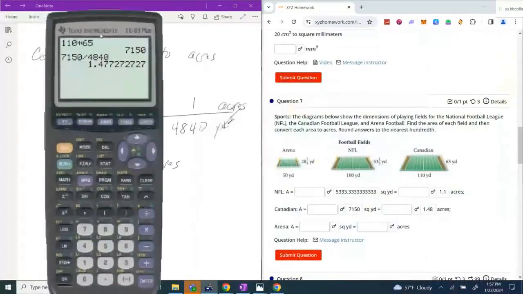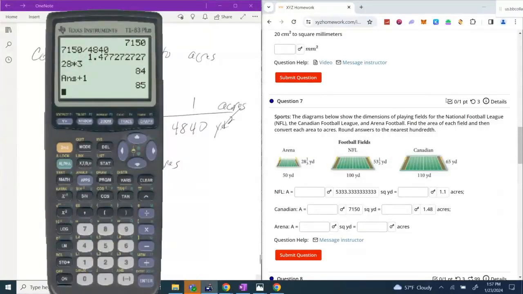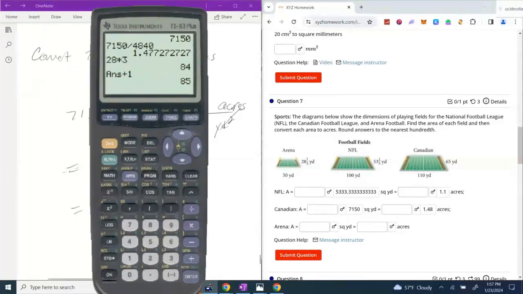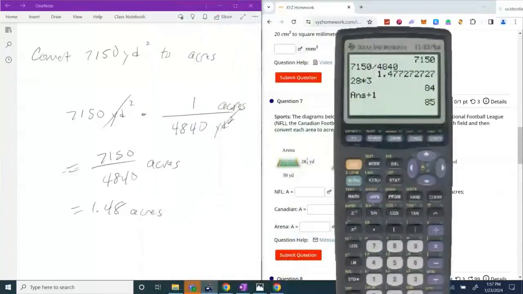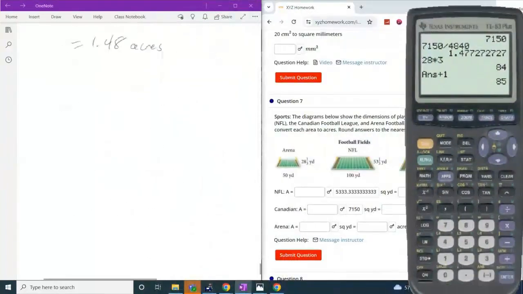And then for the arena football, that's using the first football field, at least on mine. I'm going to do the same thing. I'm going to convert that 28 1/3 to an improper fraction. So I'm going to multiply 28 times 3 and add 1. So I get 85 over 3. Let me write this one right here.